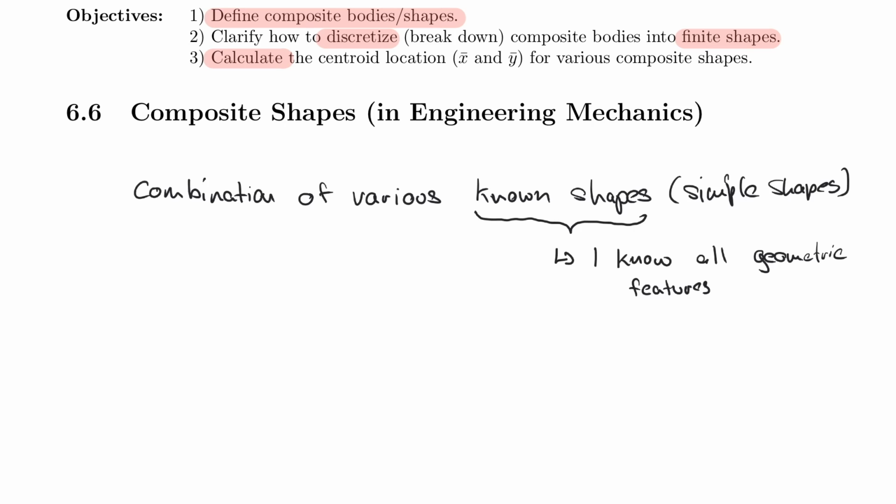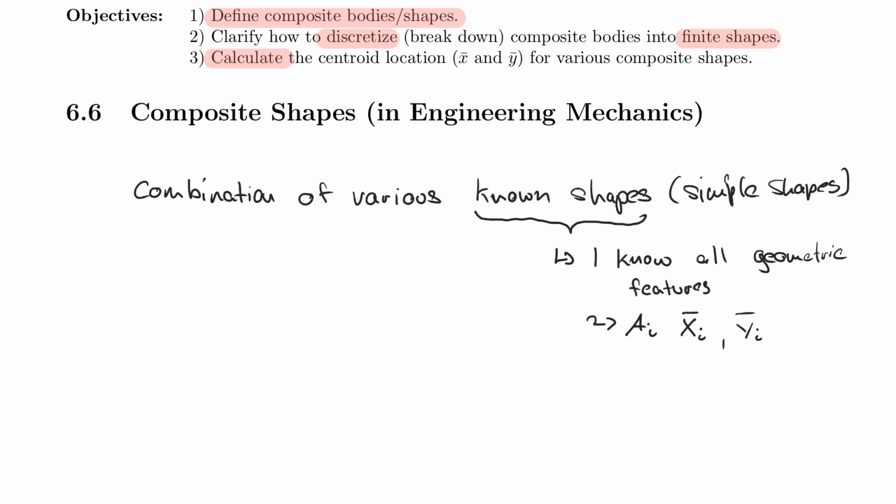So what does that mean? That means, for example, I know the area, I'm going to call it A subscript I. I also know the centroid location. So remember that the centroid location is described by X bar. So I'm going to call that X bar I. And I also know Y bar I.